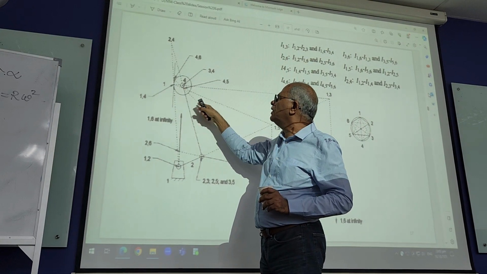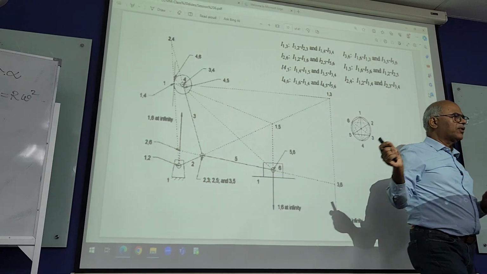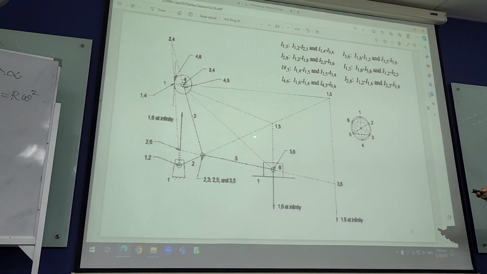Even on a CAD drawing there is a cluster of ICs here. If you choose a very small scale for your mechanism, then one point will show 2 or 3 ICs. So you need to draw sufficiently large. Only for ICs. For the velocity polygon, the scale really doesn't matter.